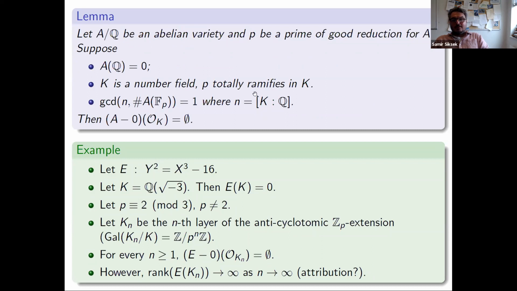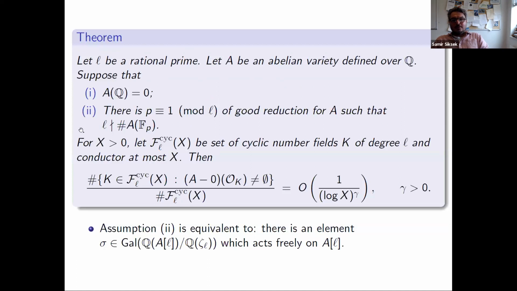How often is this condition satisfied? I'm going to make an assumption. I'm going to assume that there is at least one prime p congruent to 1 mod L of good reduction for A that doesn't divide the number of F_p points. That means the degree is coprime to the number of F_p points, which is something that we wanted.